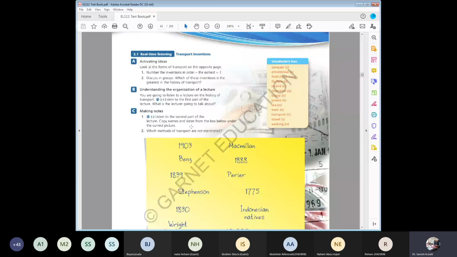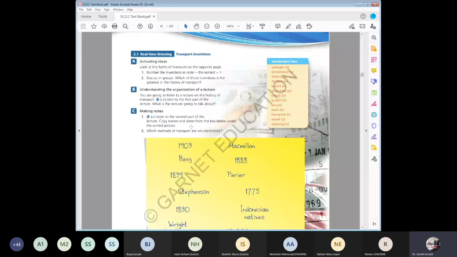So when I say that the boat is the oldest form of transport, I'm putting the boat on one side and all the other forms of transport on the other side. This is called superlative, which means that the boat, in terms of how old it is, is super, or the most super, if you like. Are you getting the idea?